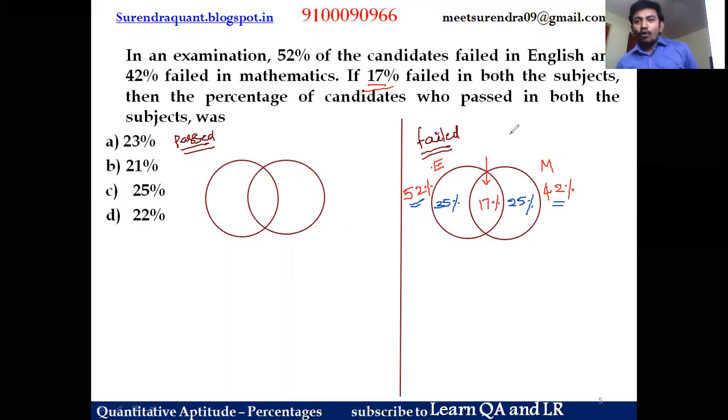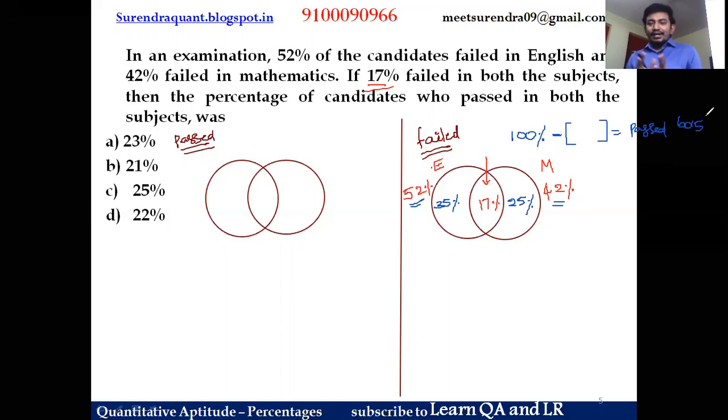Now we know that out of 100% students, 35% failed in only English, 25% failed in only math, and 17% failed in both. So from the total 100% students, if you subtract the number of students who failed in at least one subject, you get the number of students who passed in both.